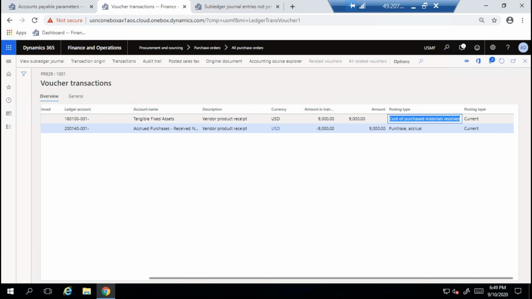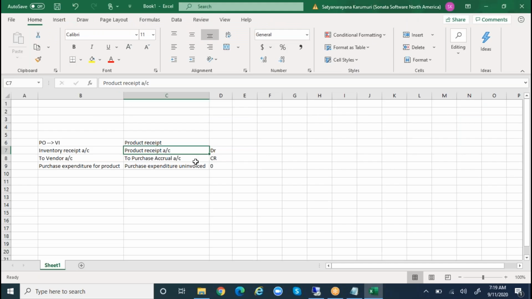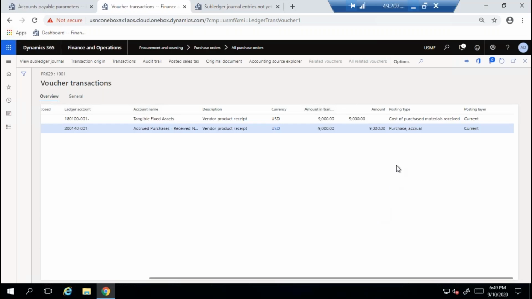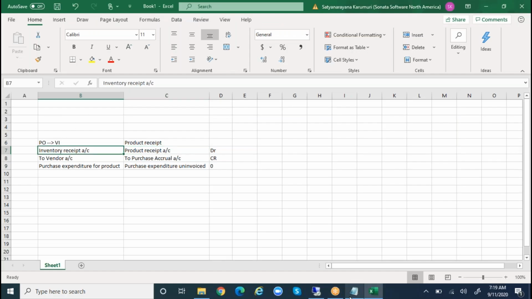It was renamed in D365; earlier in 2012, even 6.0, 6.1, 6.2, 6.3, all versions, this was the naming convention. You can understand easily. So this is product receipt means received quantity. This is invoiced quantity. That's it.